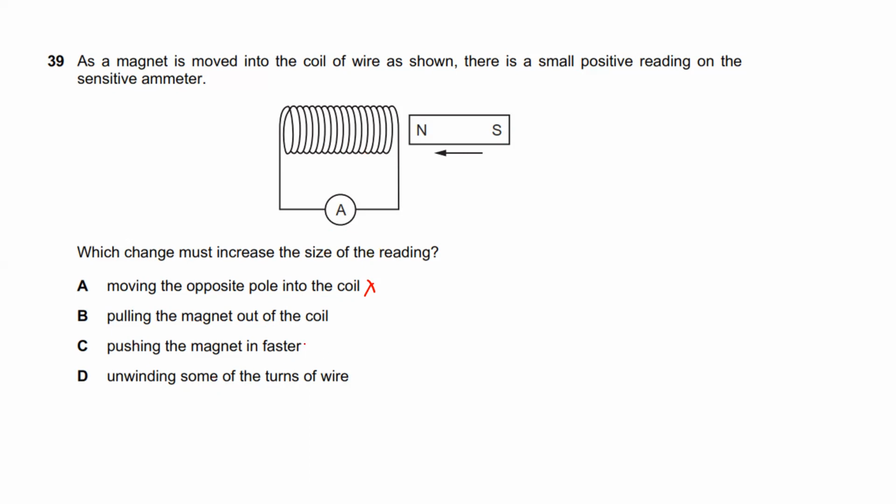Pushing the magnet faster, yes, this will increase the rate of change of flux linkages across the coil, so it will definitely increase the reading. Unwinding some of the turns, so decreasing the number of turns, will decrease the magnitude of the current. So eventually we can say that answer C is the best choice we have.